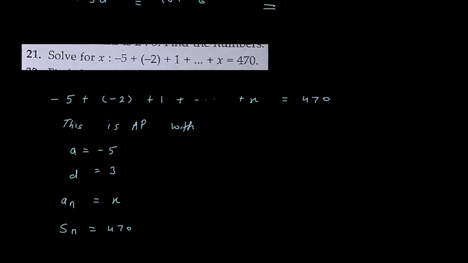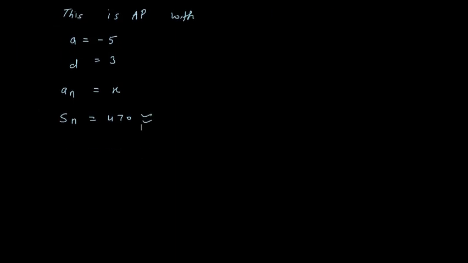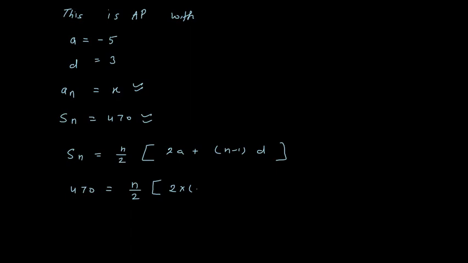First we will use the formula for Sn to find n, and then we will use the formula for an to find x. The formula for Sn is n divided by 2 in bracket 2a plus n minus 1 d. So 470 is equal to n divided by 2 into 2 into minus 5 plus n minus 1 into the value of d, which is 3.